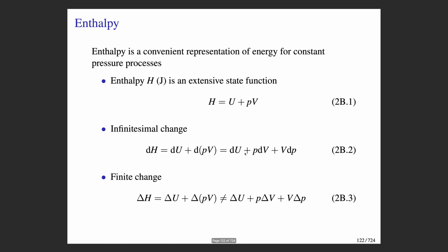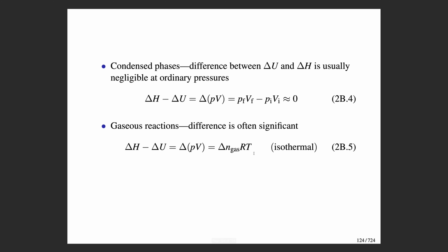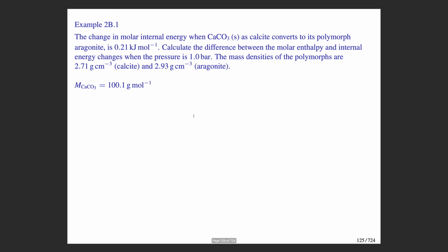And so that term is often significant. Okay, so there's a big difference between delta H and delta U for gaseous problems, but a small difference typically for condensed phase problems. And so here, this problem is essentially illustrating that fact.